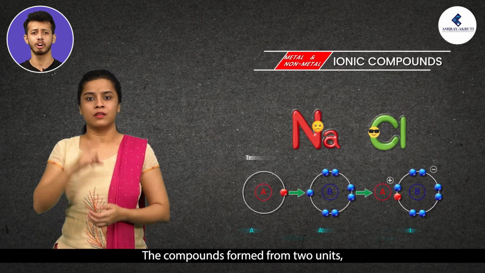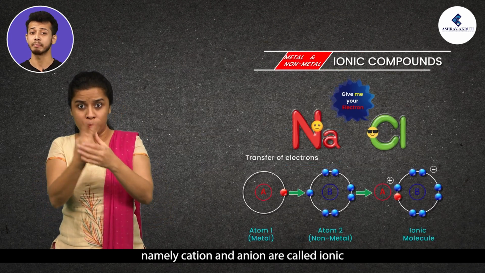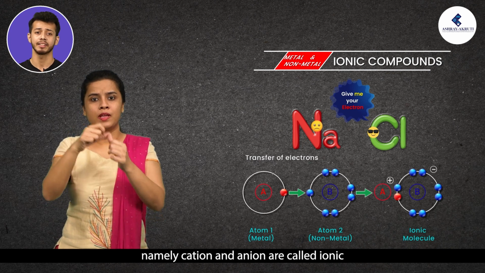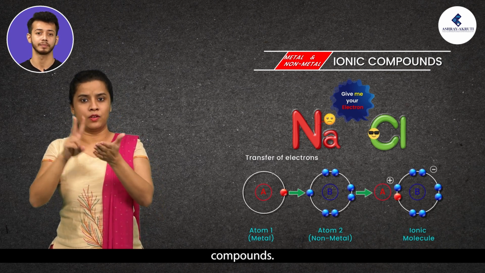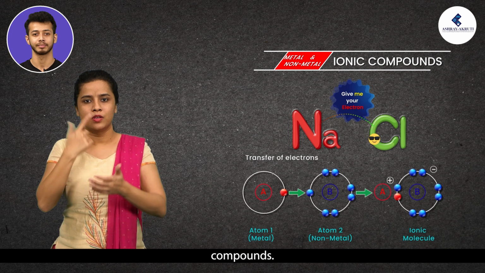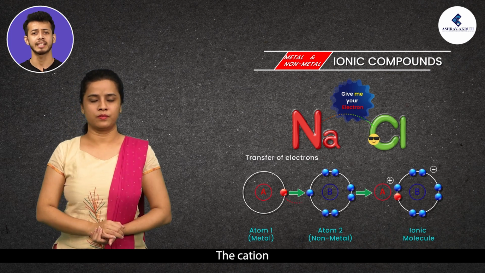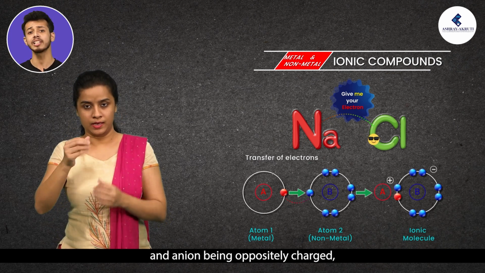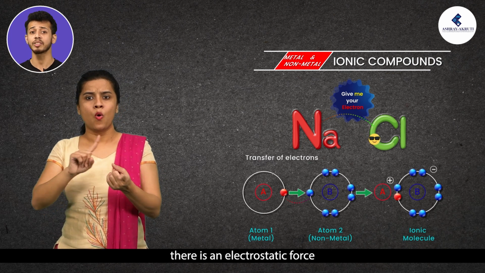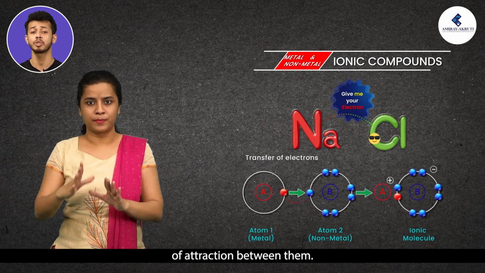The compounds formed from two units, namely cation and anion, are called ionic compounds. The cation and anion being oppositely charged, there is an electrostatic force of attraction between them.